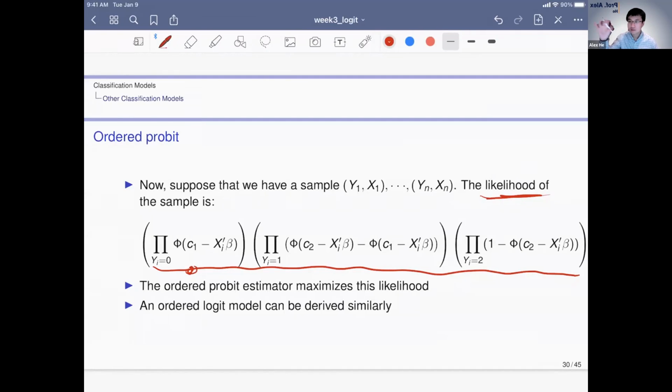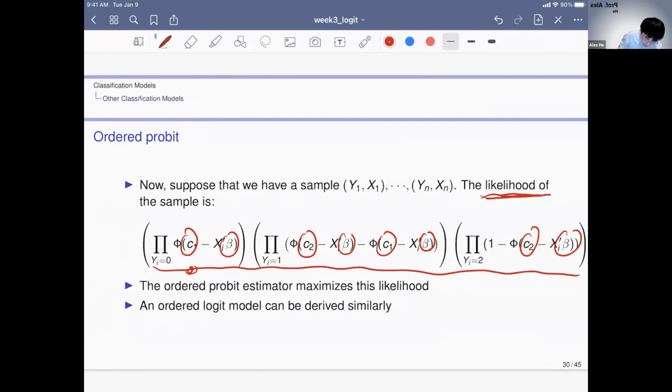You do that for each observation as we did for logit, and this product is the likelihood. You can see that this is a function of both the beta and the cutoffs. You have a bunch of C1 and C2 in there, and you also have the beta.